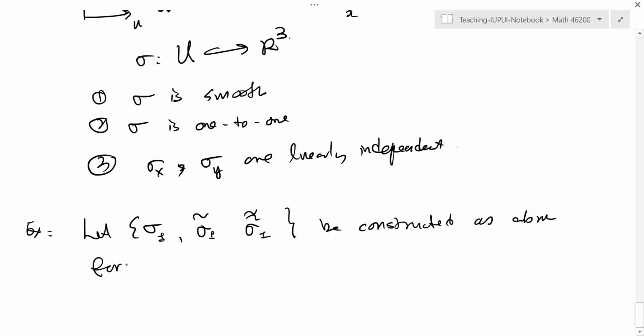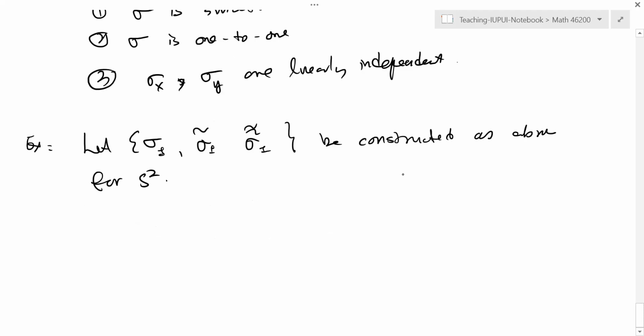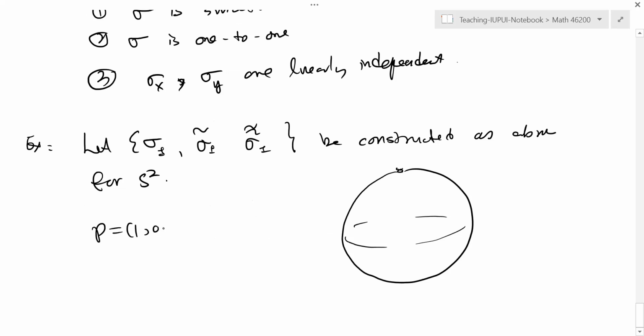Let's see, even just the North Pole. Which of all the regular surface patches cover that point?